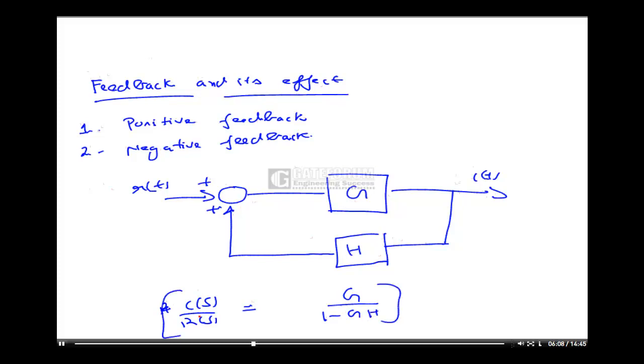Okay. Now, in positive feedback, the effect on gain: overall gain increases. System becomes less stable. Since gain into bandwidth product is constant, since gain increases, bandwidth decreases.